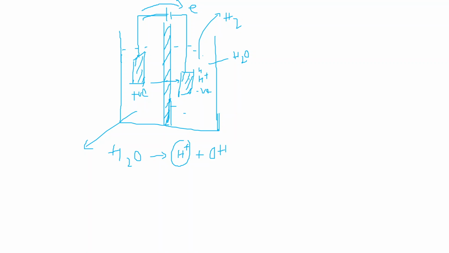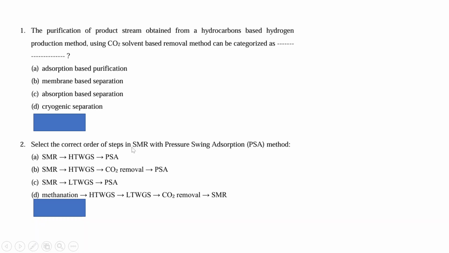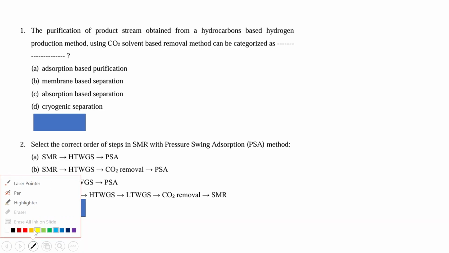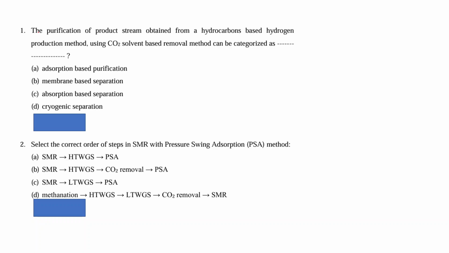Next, I am coming to some assignment MCQs. First question: the purification of product stream obtained from a hydrocarbon based hydrogen production method using carbon dioxide solvent based removal method can be categorized as dash: adsorption based purification, membrane based purification, absorption based separation, cryogenic separation.